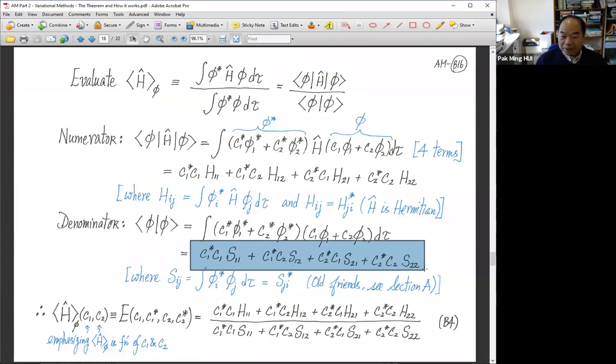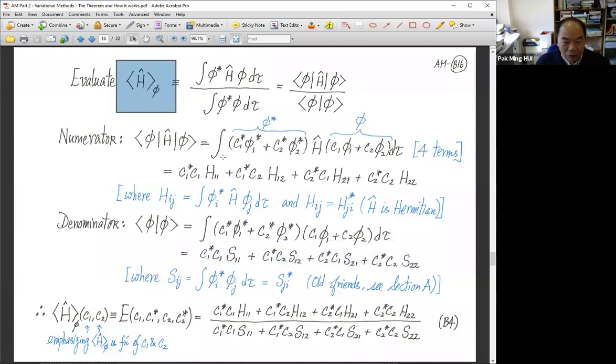So rather familiar, all the symbols. So we are done. The expectation value with respect to our trial wave function, a linear combination of 2 functions, is given by this. This is what we want. It is a function of the variational parameters C1, C2, so I explicitly write it down here.